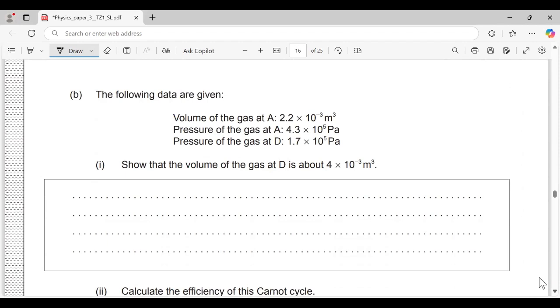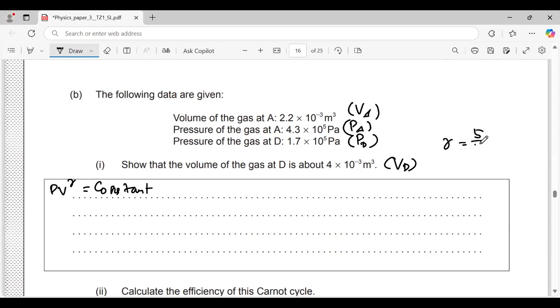The following data are given. So the volume of the gas at D is about this number, right? So this is VD, this is PD, this is PA, and this one is VA, right? Through the adiabatic formula, PV to the power gamma equals a constant, where gamma is the adiabatic index, 5/3, for a monoatomic ideal gas.